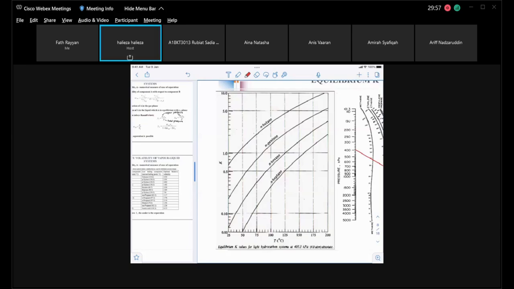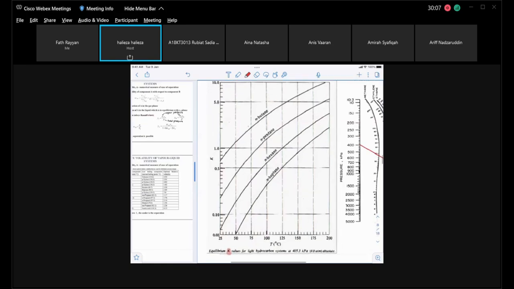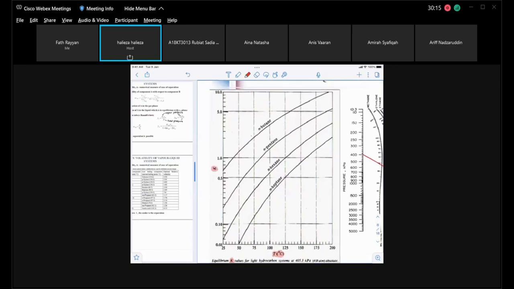You can get the equilibrium data, the VLE or the K constant, but that constant depends on the temperature. So your x-axis is the temperature and the K is the y-axis. Depending on what temperature you choose, you'll be able to get your equilibrium constant.